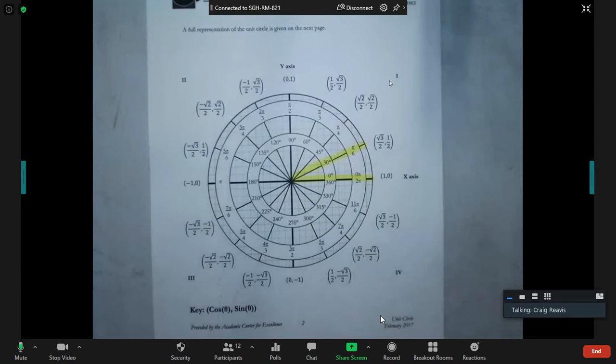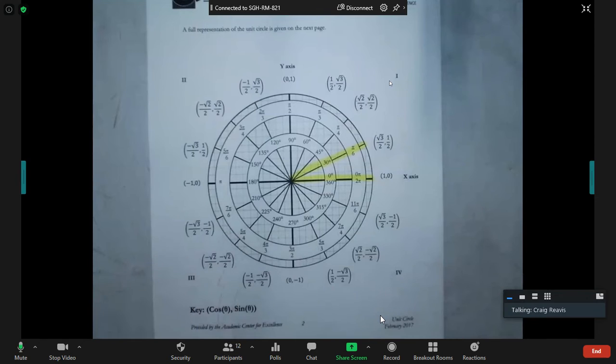Now, one thing I want us to make sure that we notice is, because of the coordinate axis, right, the coordinate axis is the middle of this. X coordinates are always negative in quadrant 2 and quadrant 3, right? So what we know is the cosine is negative for every angle that's in quadrant 2 or quadrant 3.